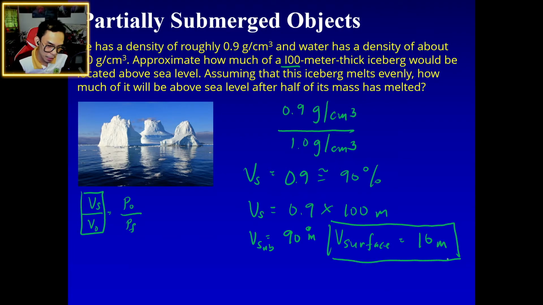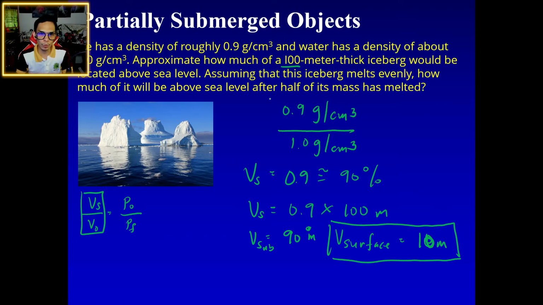How did we get 10 meters? We subtracted from 100 meters, the total dimension of the iceberg, the volume submerged, that is 90. So we get that the iceberg above sea level is 10 meters.